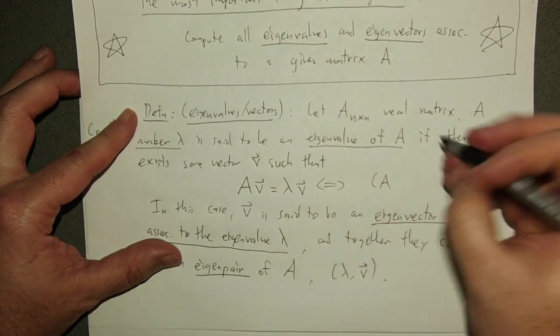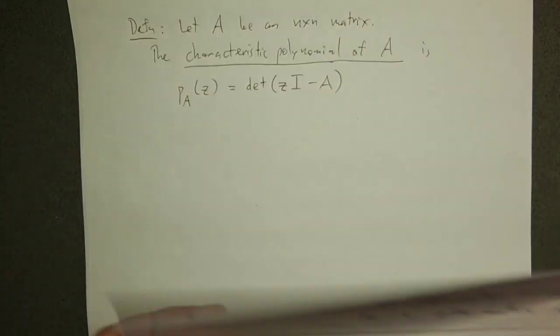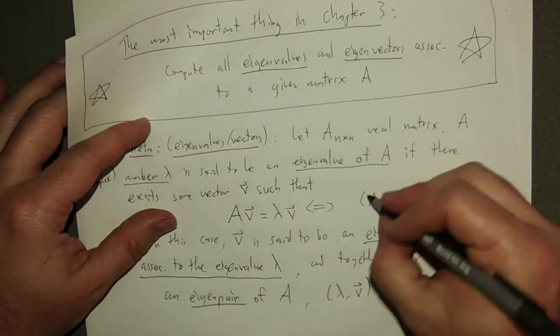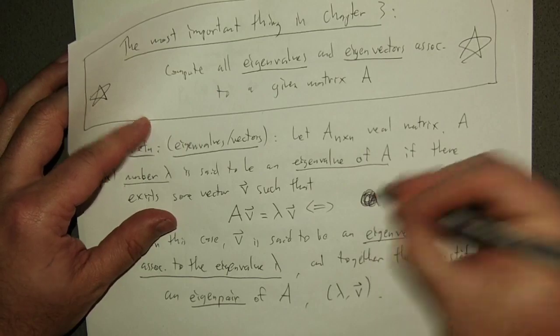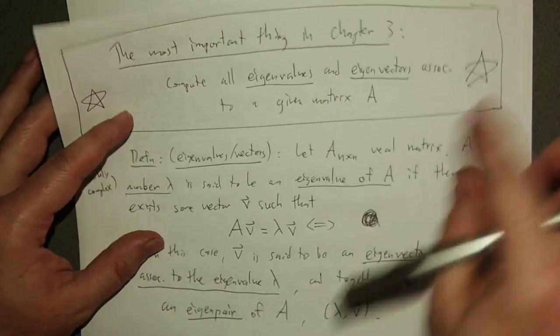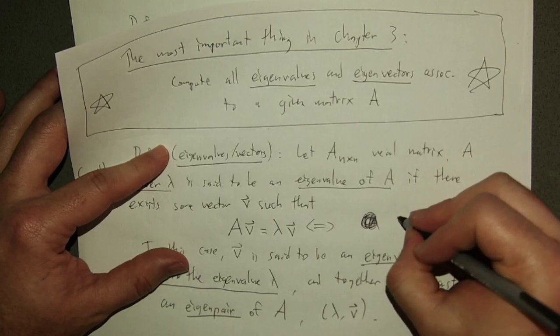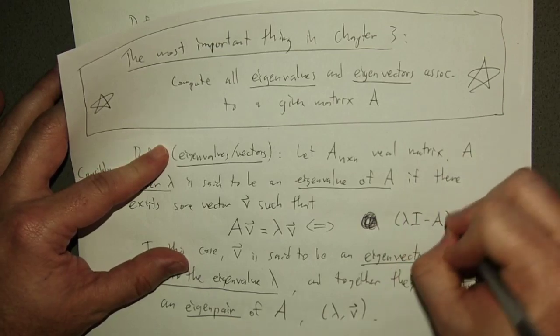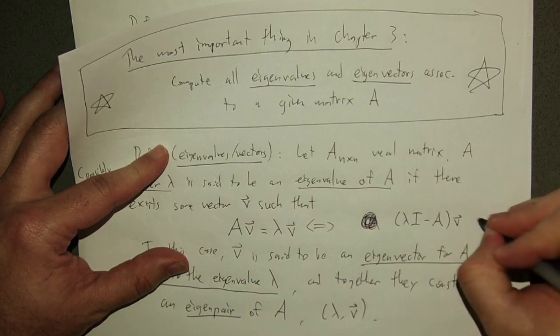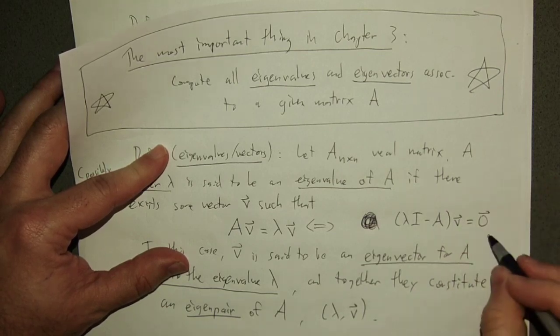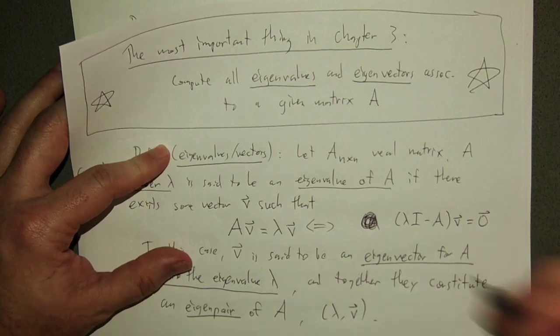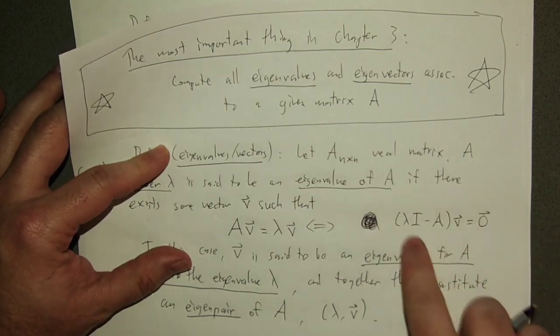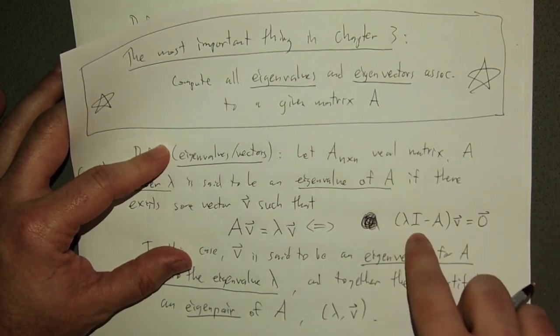I'm going to write it as lambda I minus A times v is equal to 0, the 0 vector. So the 0 vector is just a vector containing all zeros. Here I have lambda I minus A.